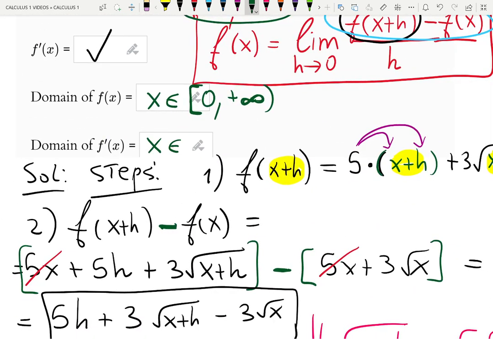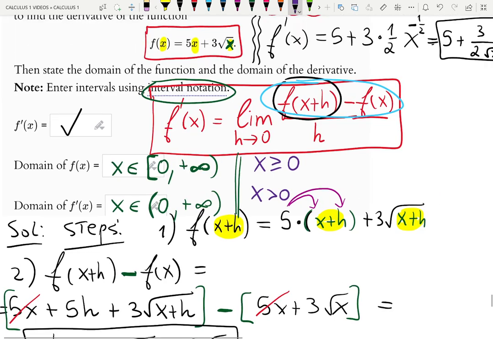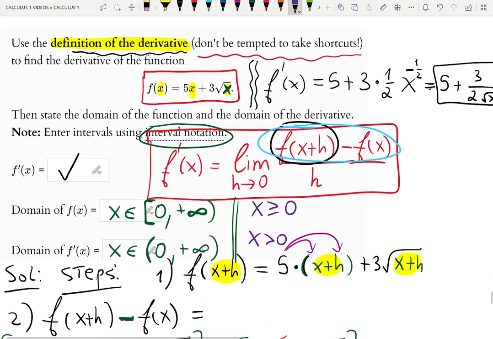X belongs to the new interval. 0 is not included, so use parentheses but not brackets, to plus infinity. X used to be greater or equal to 0 for the original function, but now it's strictly greater than 0 for the new function, which is the derivative of the original function.